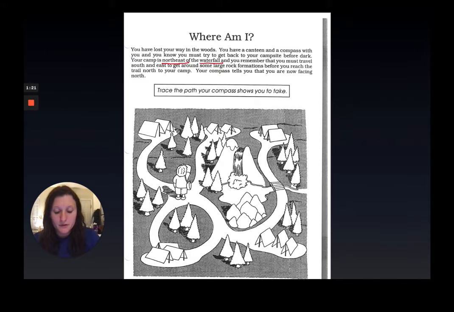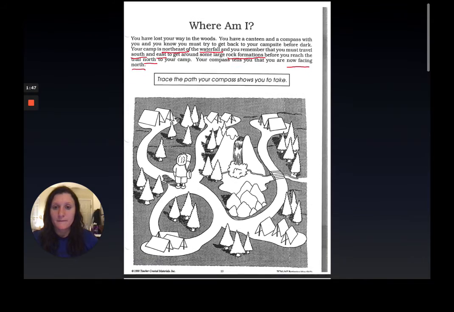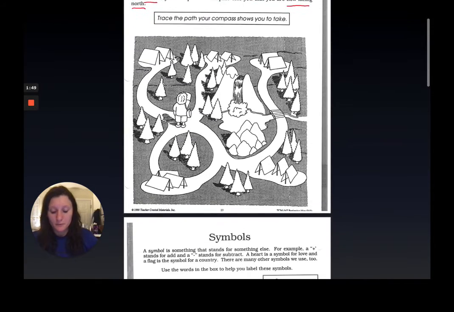And you remember that you must travel south and east to get around some large rock formations before you reach the trail north to your camp. And your compass currently tells you that you are now facing north. So right now we are currently facing north. And so let's scroll down here. And we see we are starting right here.